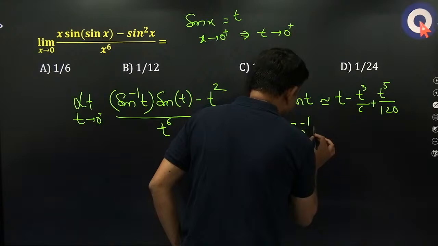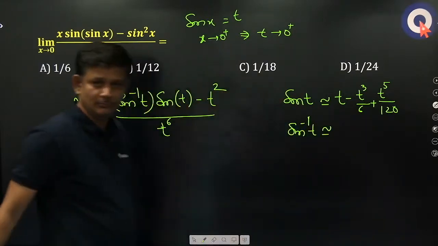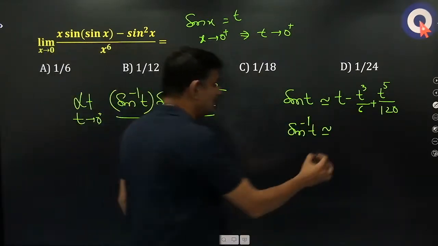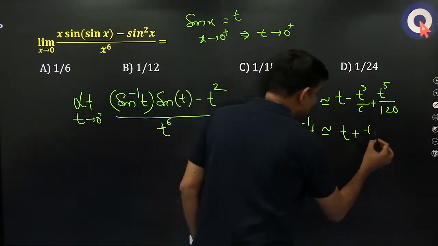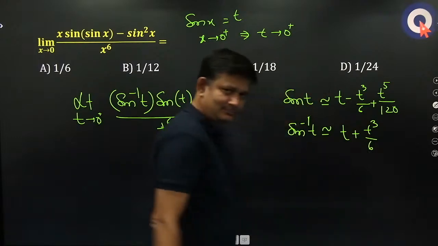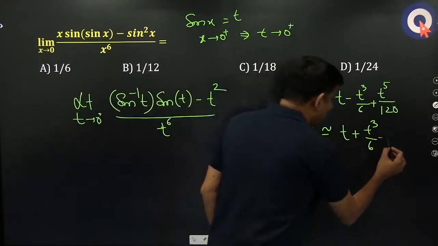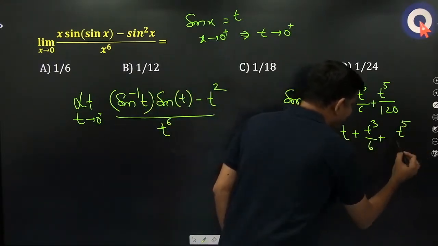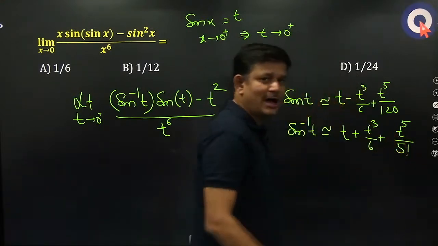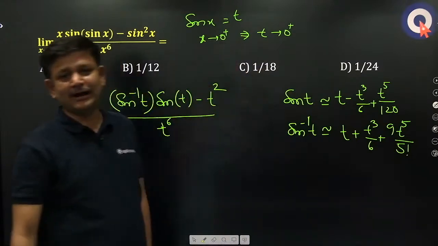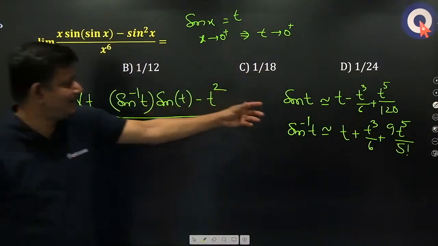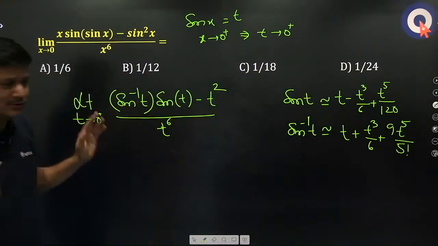Sin inverse t, what is the expansion? t plus t cube by 6, no change, plus t power 5 by 5 factorial. Additionally, you have 1 square into 3 square, that is 9 t power 5 by 5 factorial. So simply replace these two terms here and your question is solved.